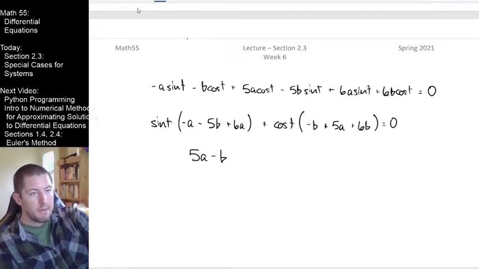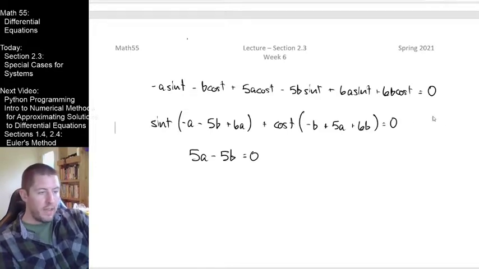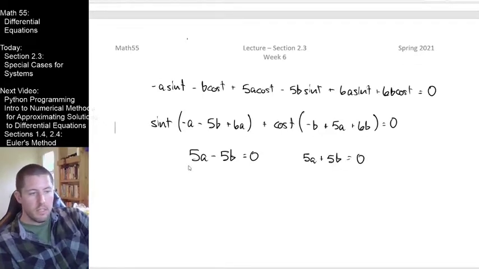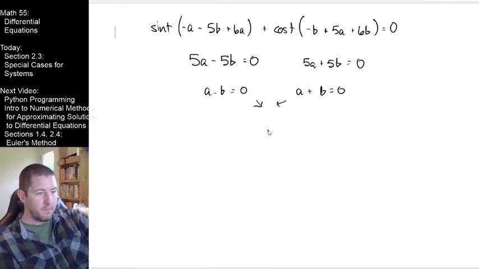How much cosine is on the right? Also 0. So I'm noticing here that we should be getting 5a plus 5b is equal to 0. Oh, look, it's a system of equations that we can solve.